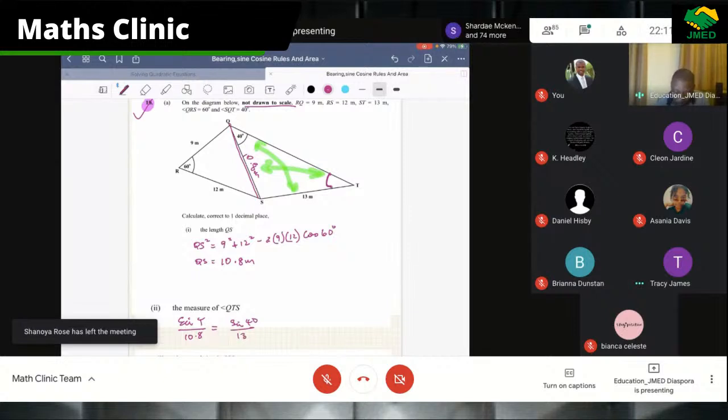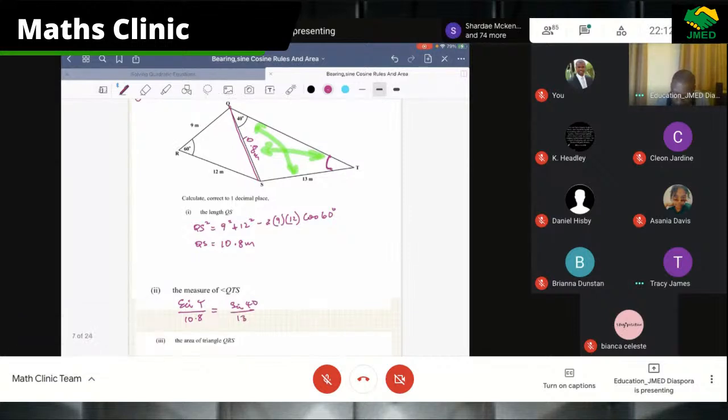Good? So, because I am working with you guys and I know you understand this, I'm going to say T is equal to the sine inverse of 10.8 sine 40 over 13. Did I make too much of a big jump for you?